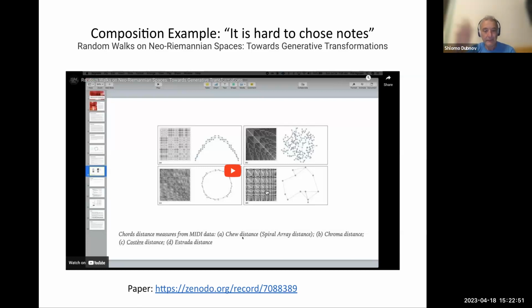There is a new opera coming up by one of the authors where he uses this also as a compositional tool. So let's watch the video. I hope I share the sound. Everything should be fine, but if anything doesn't work, just burst in and tell me.